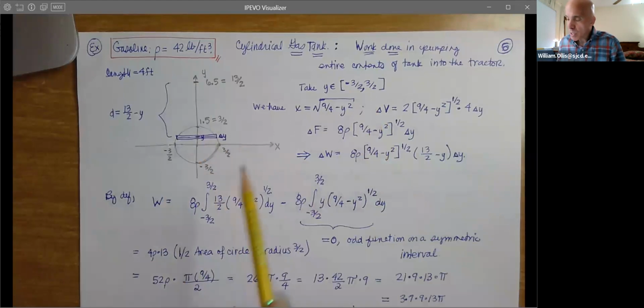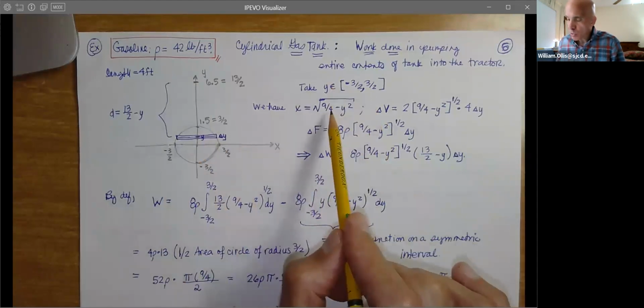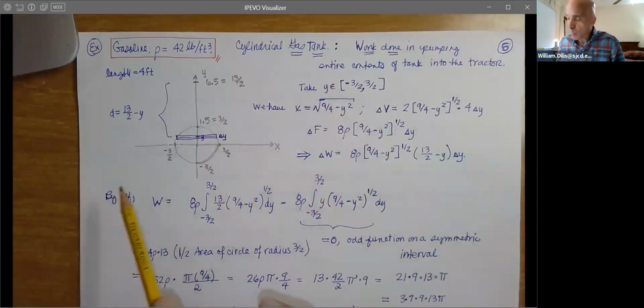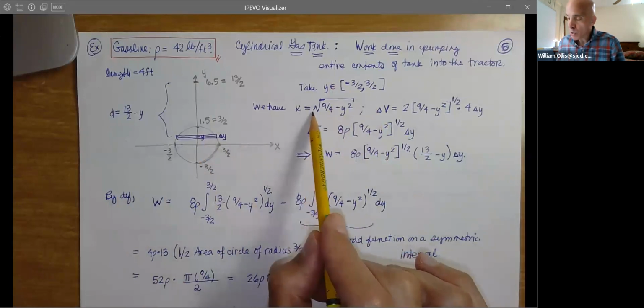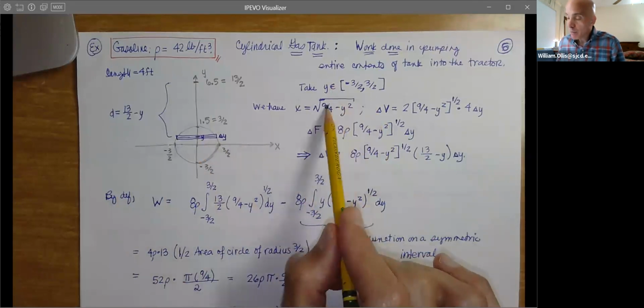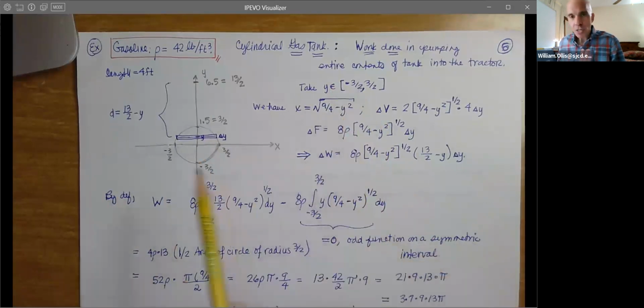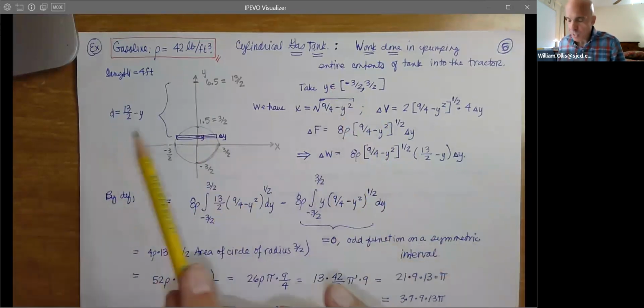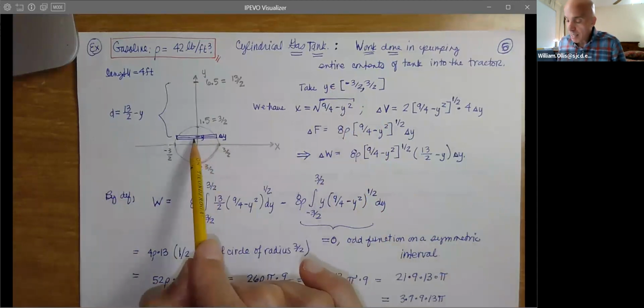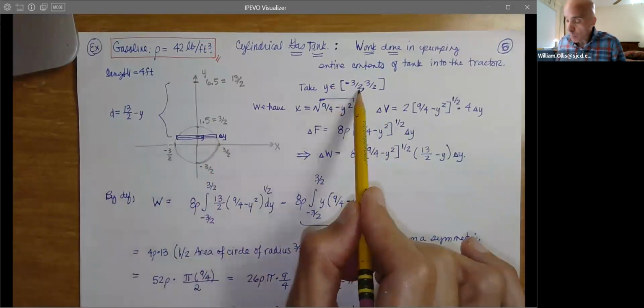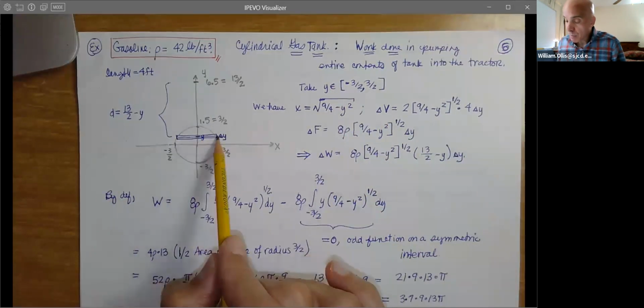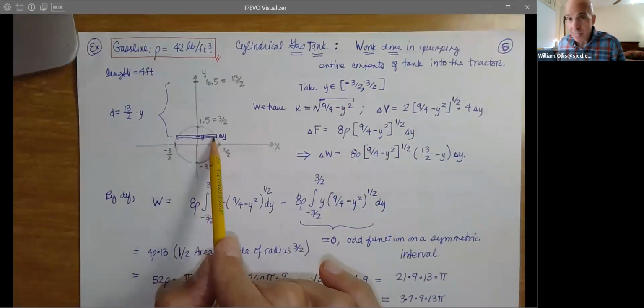And then, of course, we've got this nice circle, so the x's and the y's are interchangeable, so we can just set x equal to the square root of (3/2) squared minus y squared. And then, just like you do many times in the cross-section problems, we're going to take a y in this interval and then figure out what the volume of the slab is.